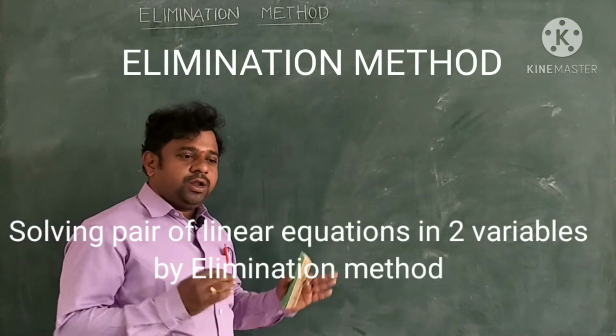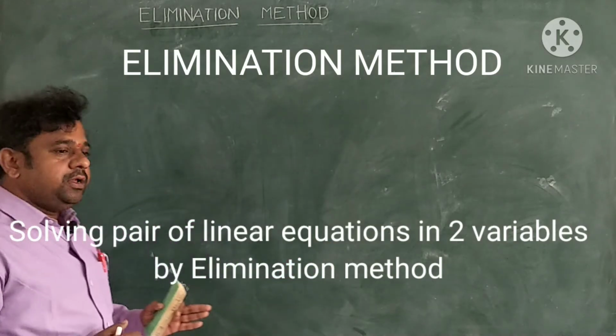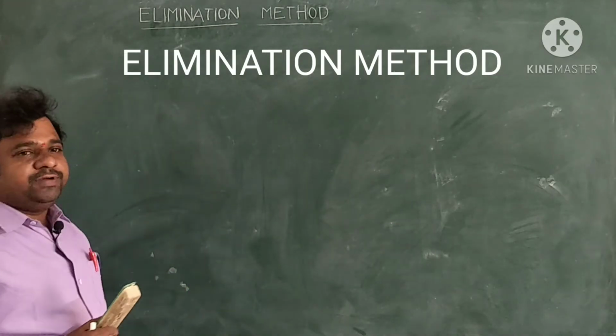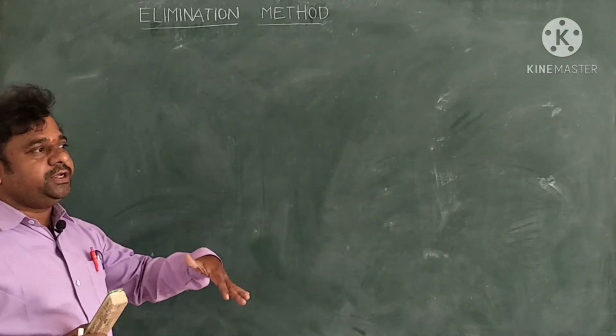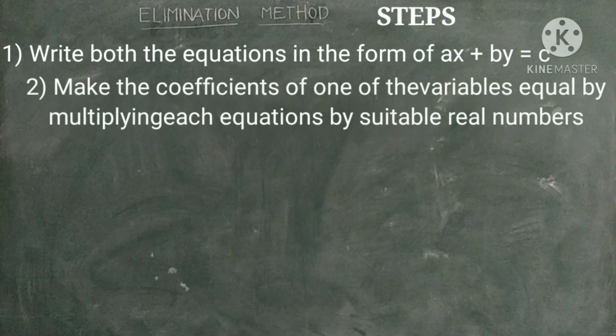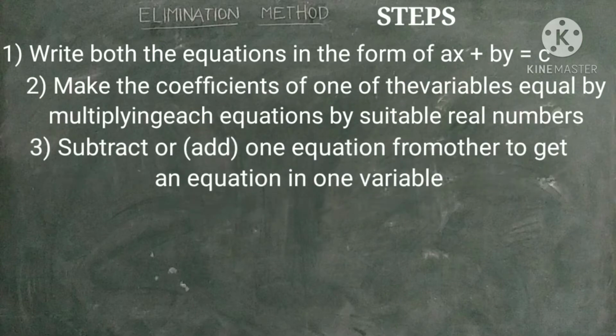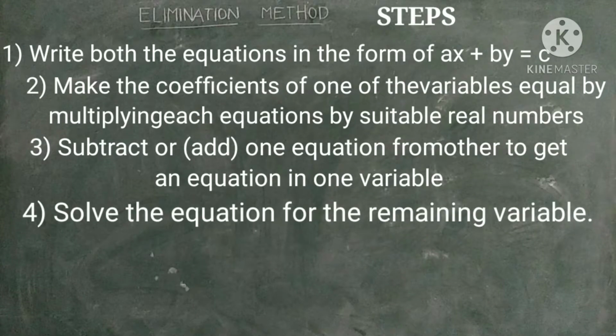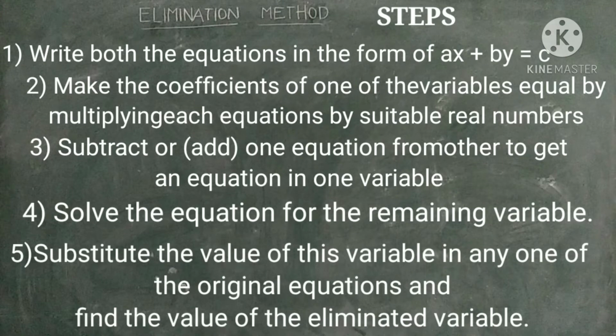Students, now we have learnt the steps we follow in elimination method. We can follow these steps while solving a pair of linear equations in two variables. Let us see the steps in an example sum.